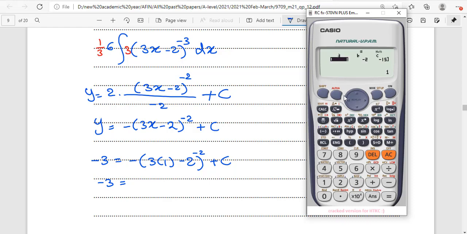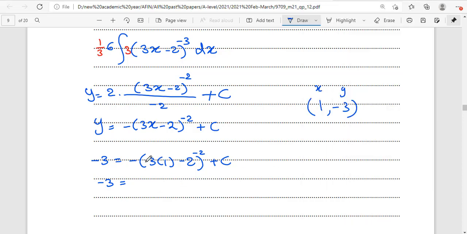But don't rush. 1 to the power of negative 2 is equal to 1. Now we are sure. This will be 1, plus c, and this negative is still here. What is c? c is negative 2. So the curve is this. y equals, it's not the simplest form to have a negative power.